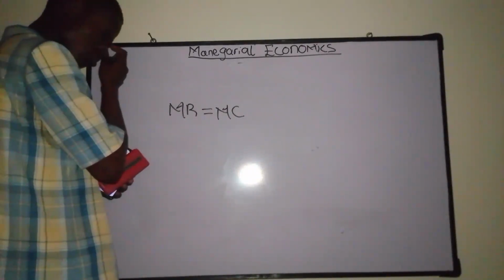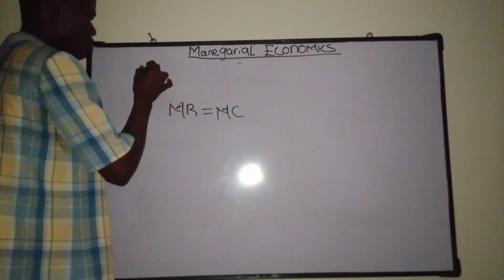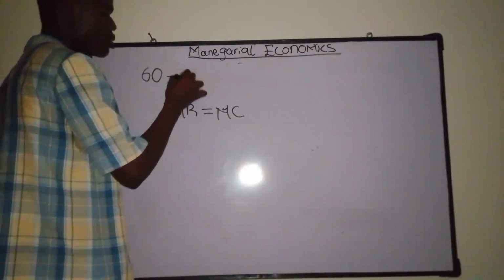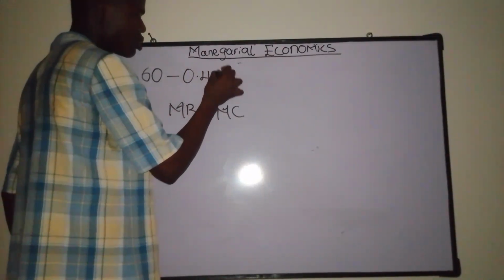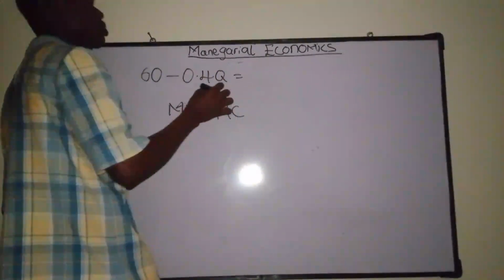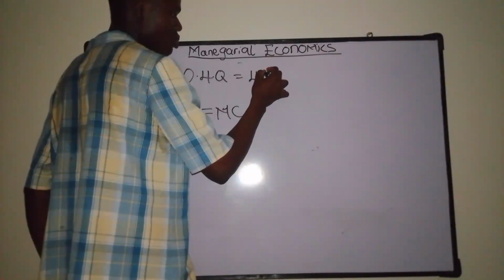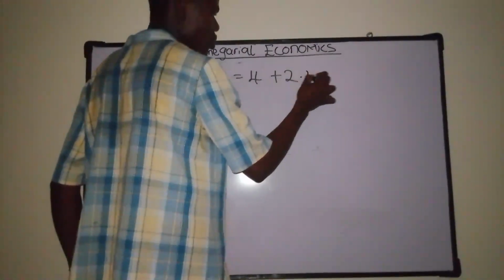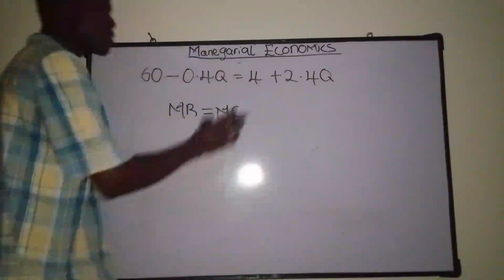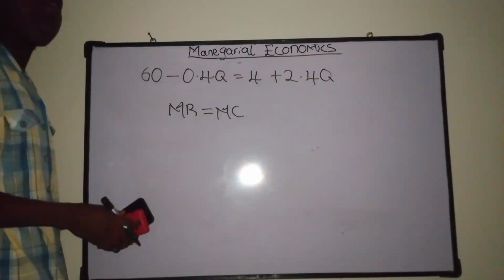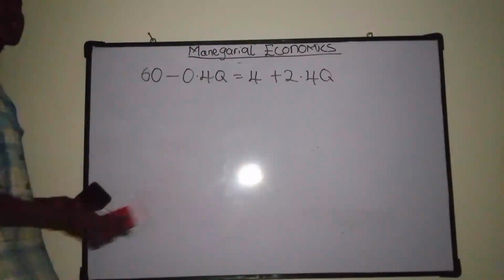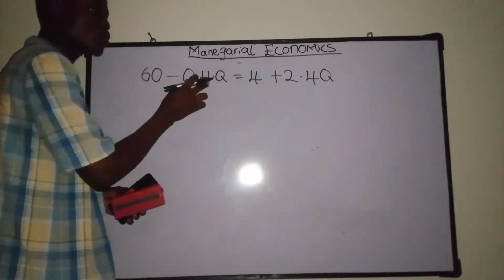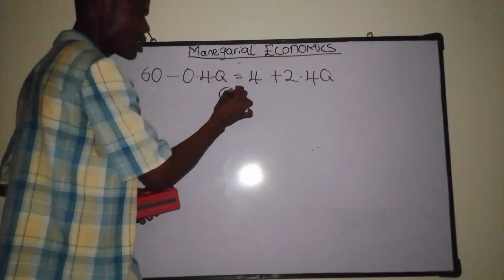MR is now 60 minus 0.4q, which is equal to 4 plus 2.4q. This is our marginal revenue and this is our marginal cost. Now, to solve for the quantity, we make q the subject of the formula by collecting like terms.